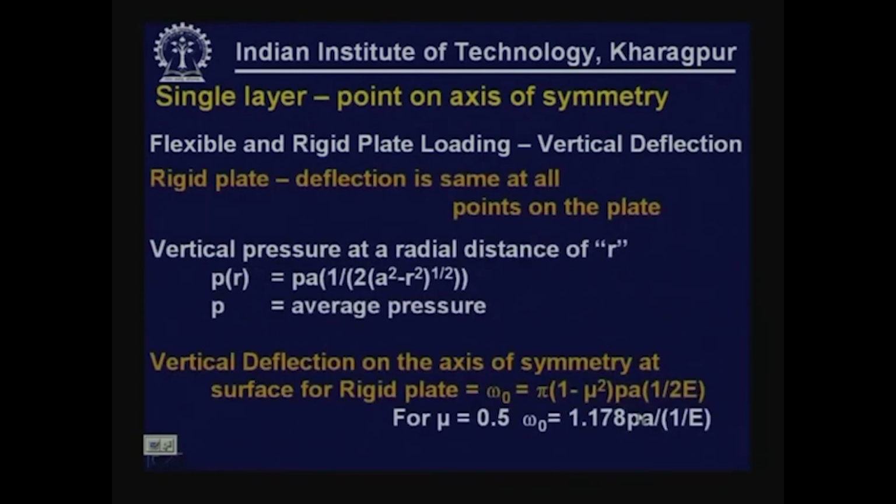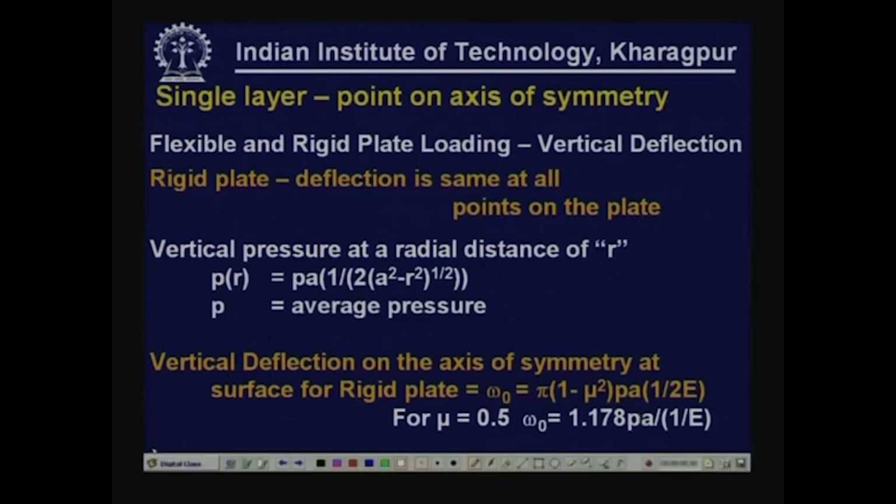Similarly, for rigid plate, this is the expression for pressure. This is how the pressure is going to be distributed, how it is going to vary radially, given by this expression, but we normally use the average pressure. So, the vertical deflection along the axis of symmetry at the surface for a rigid plate is given as pi into 1 minus mu square Pa by 2 E, where E is the modulus value of the elastic half space.